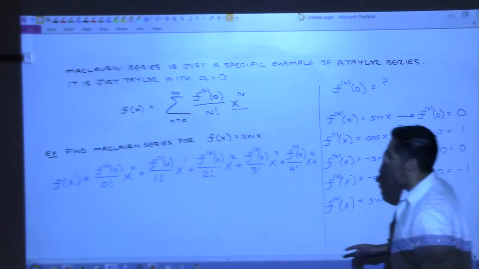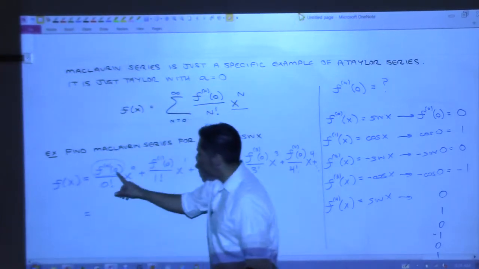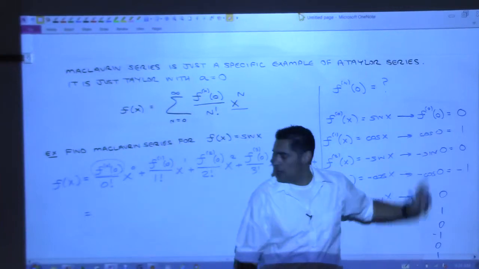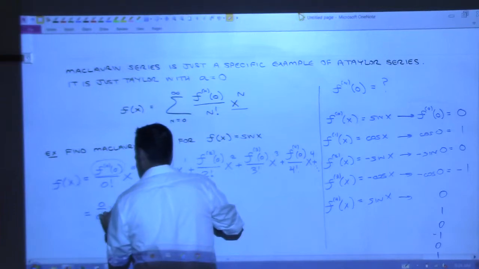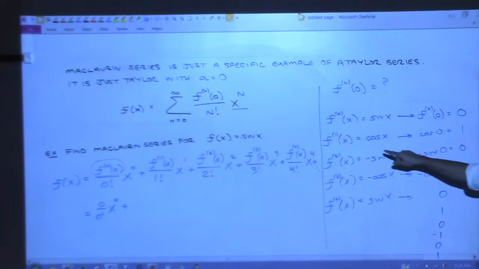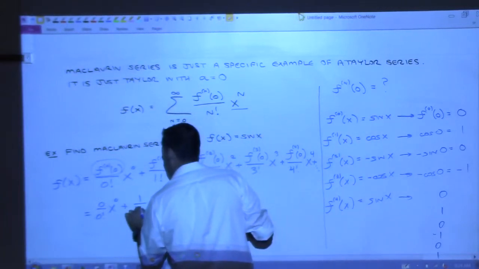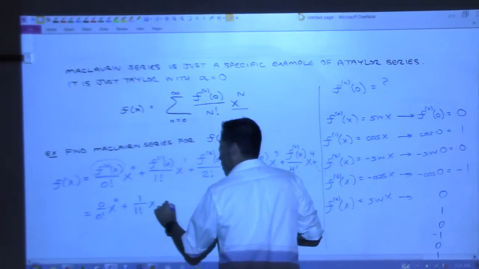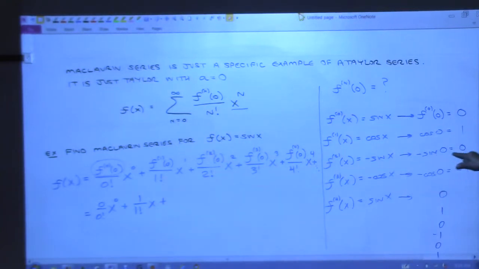So what happens when I actually go and look at what this piece was? That was 0, right? So that's going to be 0 over 0 factorial x to the 0. Okay, that's just going to be 0, but I'm going to put it down there. Next one. The first derivative at 0 was this one. That was 1. So we're going to get 1 over 1 factorial x to the first power plus now the second derivative at 0. So here was the second derivative. At 0, it's 0, right?